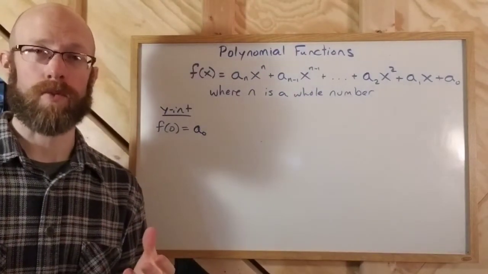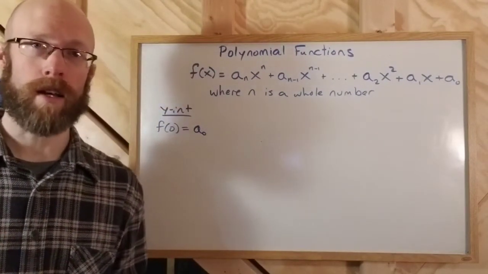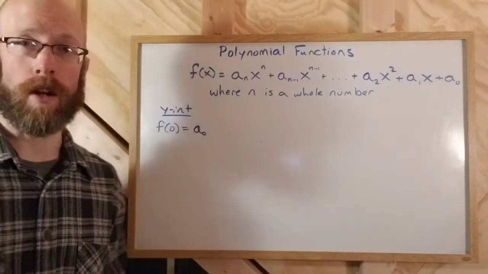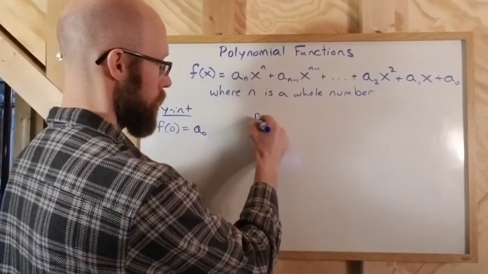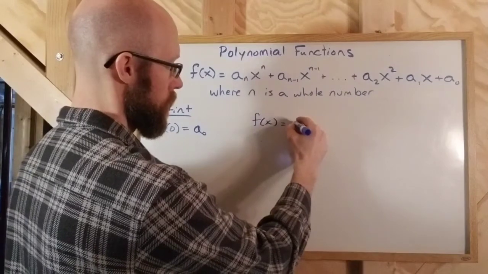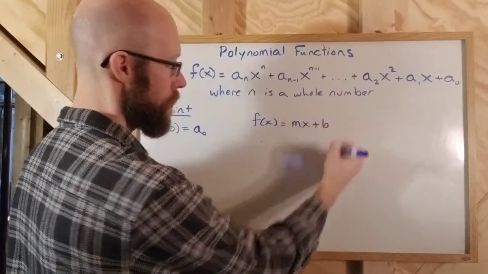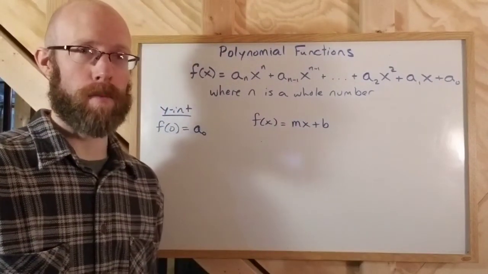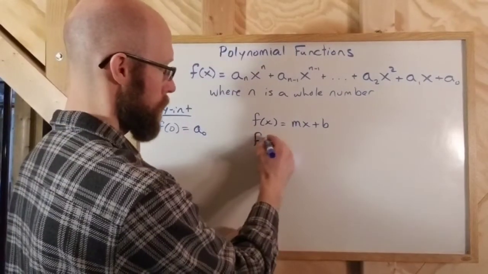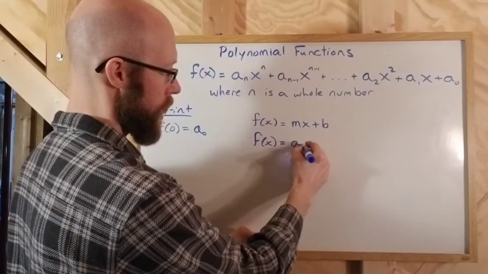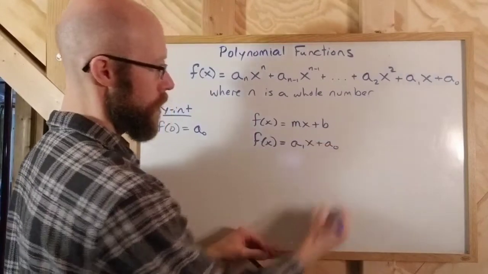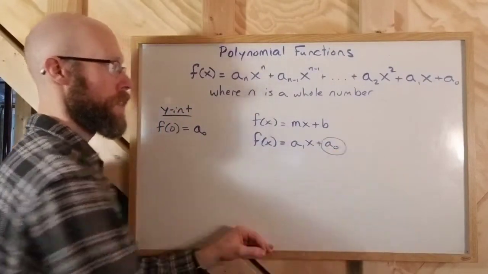Now that makes sense with both the linear and quadratic examples we've seen already, right? When you're looking at a linear polynomial, mx plus b, or you could think of it as a sub 1 x plus a sub 0, that's your y-intercept.